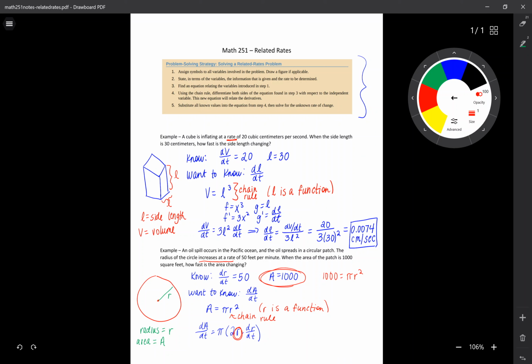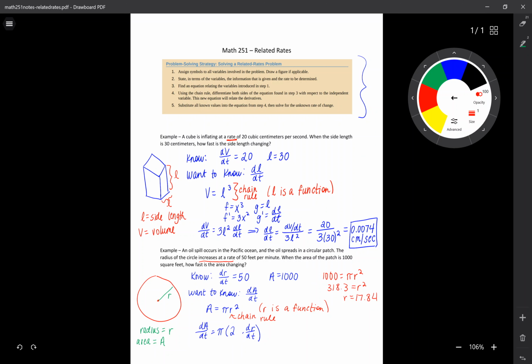We're trying to solve for the radius. If I divide 1,000 by pi, I get 318.3 is equal to r squared. And if I take the square root of this, I get 17.84. So when the area is 1,000, this means that the radius is equal to 17.84.